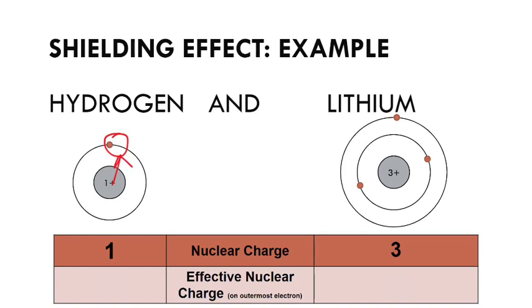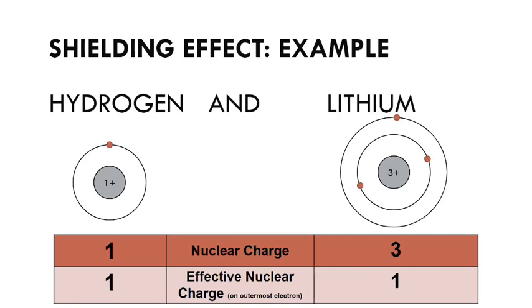It's going to feel the pull of the full nucleus's charge, which is just one proton, so positive 1. Lithium's outermost electron also feels an effective nuclear charge of 1 because 2 electrons here are canceling out 2 of those protons, which just leaves 1 proton's worth of charge that makes it through that shielding to get to that outermost electron.